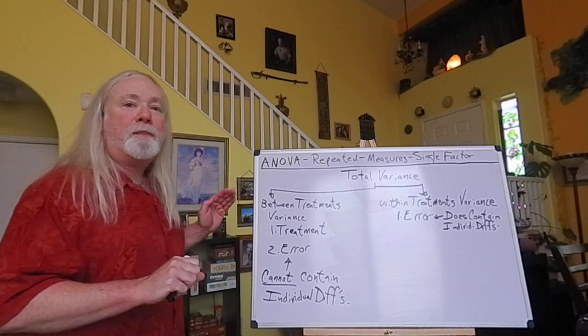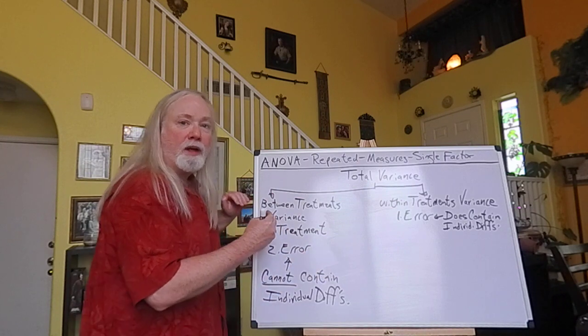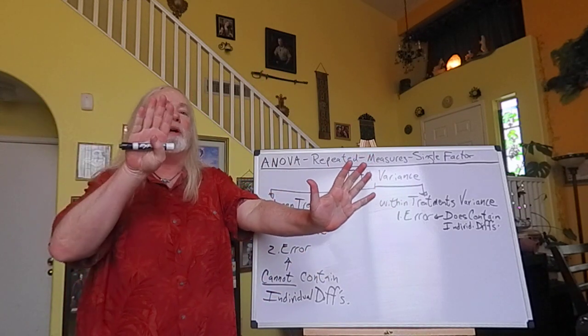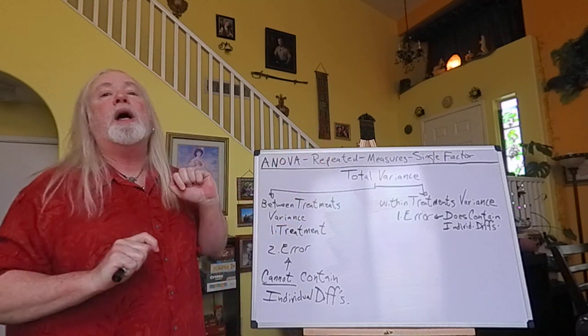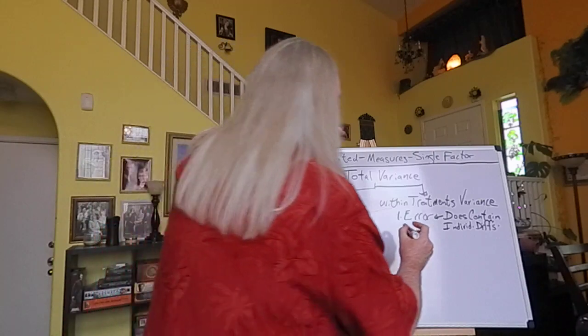So again, what I've said already today is that this is called stage 1, where we are simply going to take the total variance and divide it across the between treatments variance and within treatments variance. But now we're going to take it a step further into a stage 2.